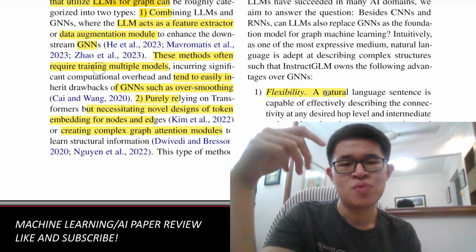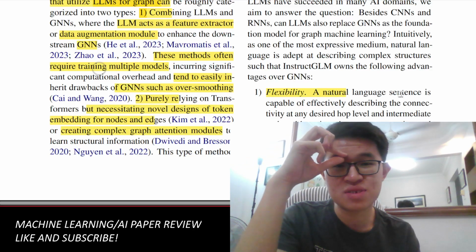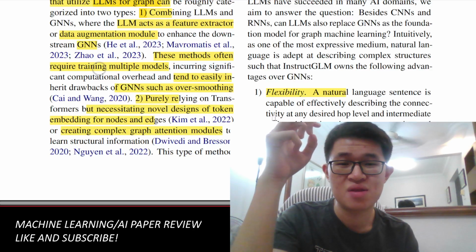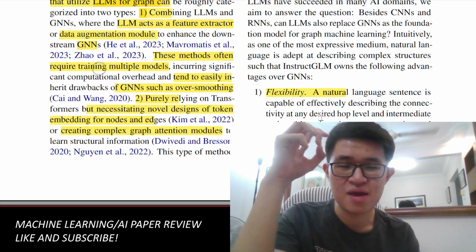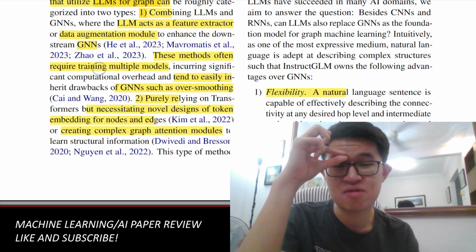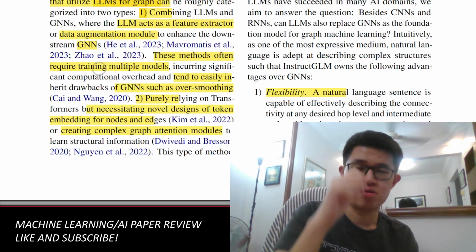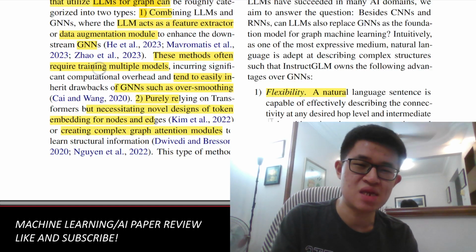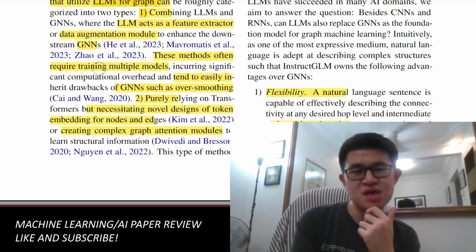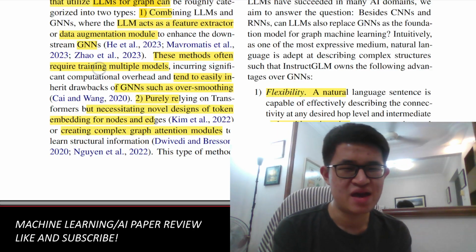Flexibility, okay. A natural language sentence is effectively capturing the connection at any desired hop level and intermediate paths without iterative message passing and aggregation. Okay, so it's saying that it is able to do that without any sort of iteration. I don't see how that's a selling point in this case.